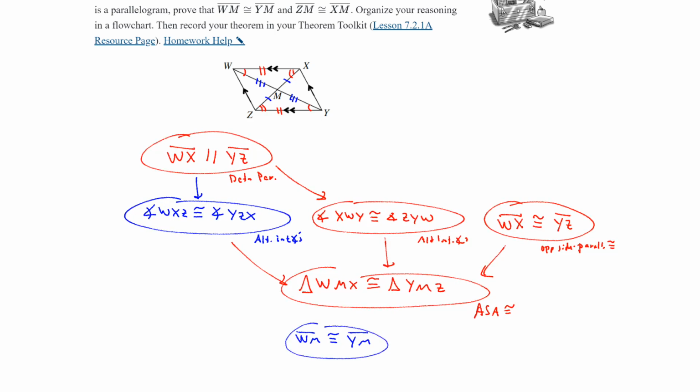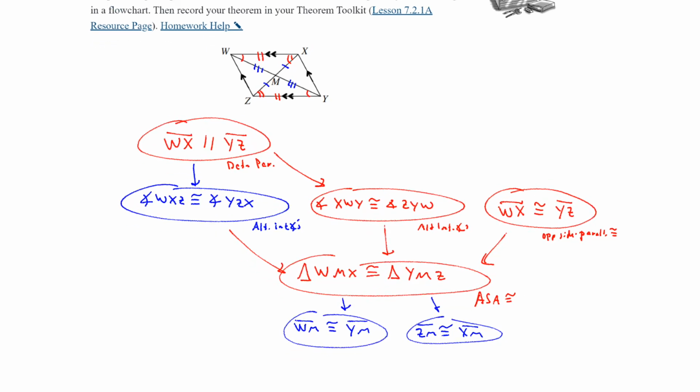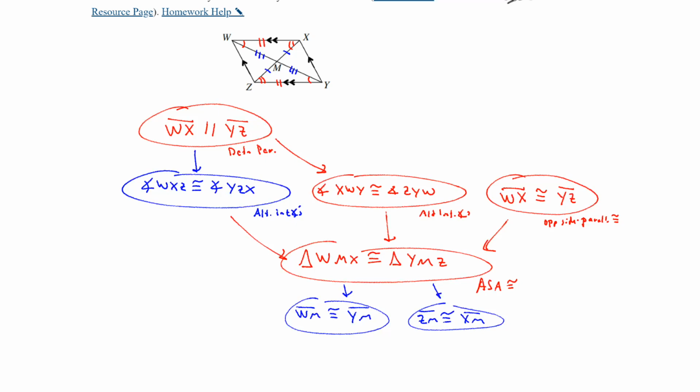We also know that line segment ZM is congruent to line segment XM. And both of those come off of the fact that congruent triangles give us congruent parts. So same thing over here: congruent triangles means congruent parts.